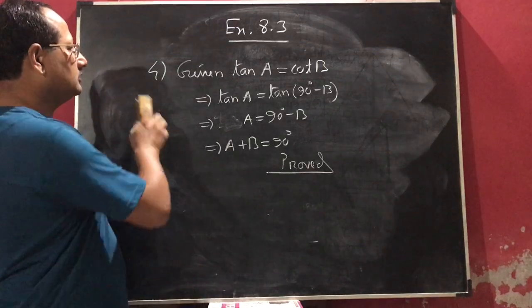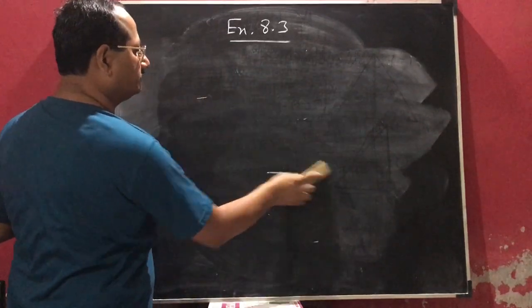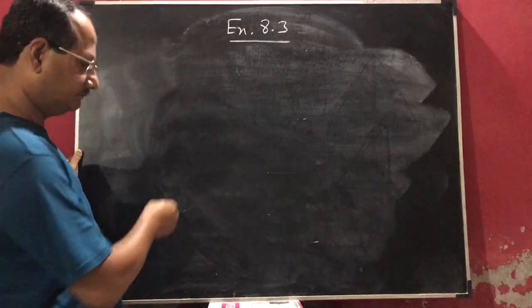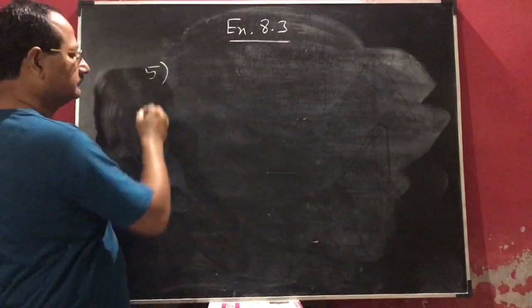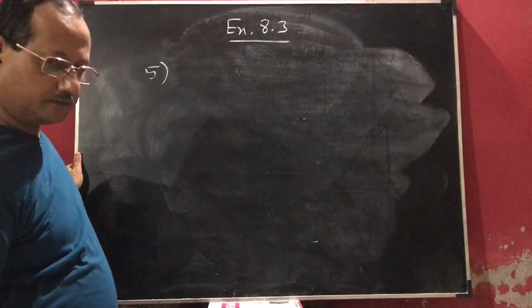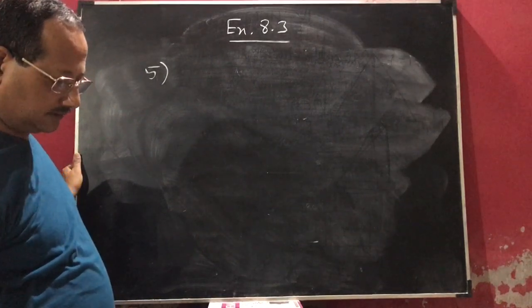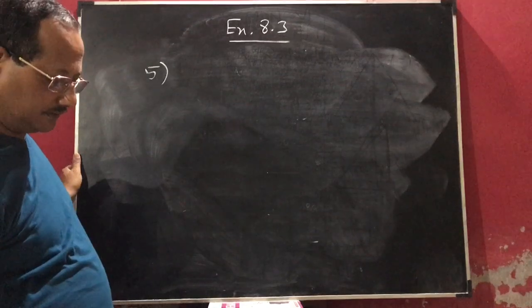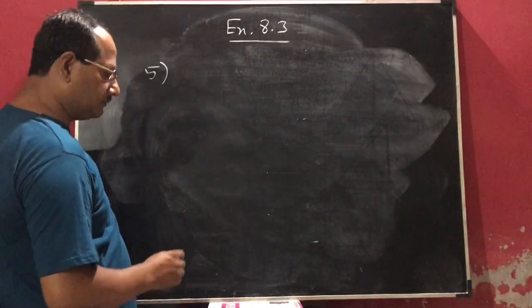Next come to question number 5. If sec 4A equal to cosec(A minus 20), where 4A is an acute angle, find the value of A. Similar to question number 3.